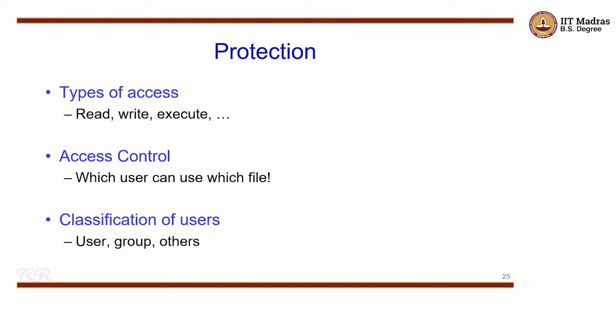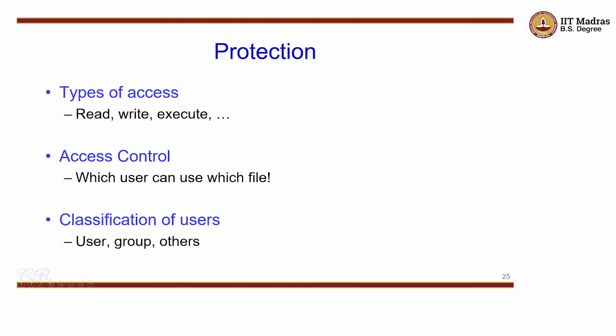Now, one thing which we've also seen, and an important aspect of files present in a file system, is the aspect of protection. So, every file is associated with some access rights. These rights are read, write, or execute, and they determine whether the file can be read, written, or executed.